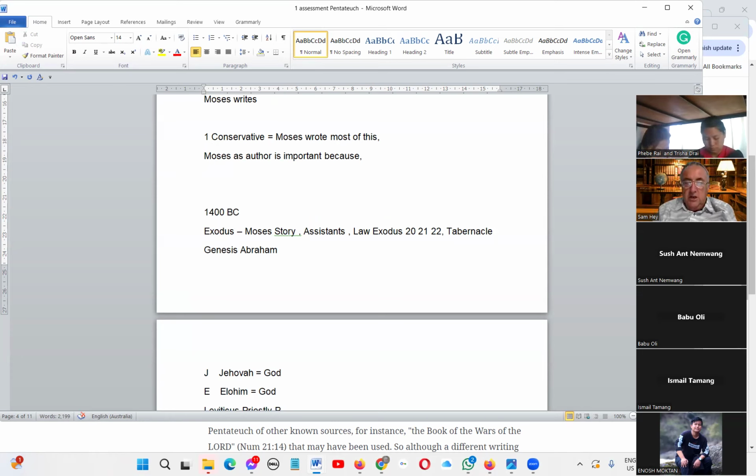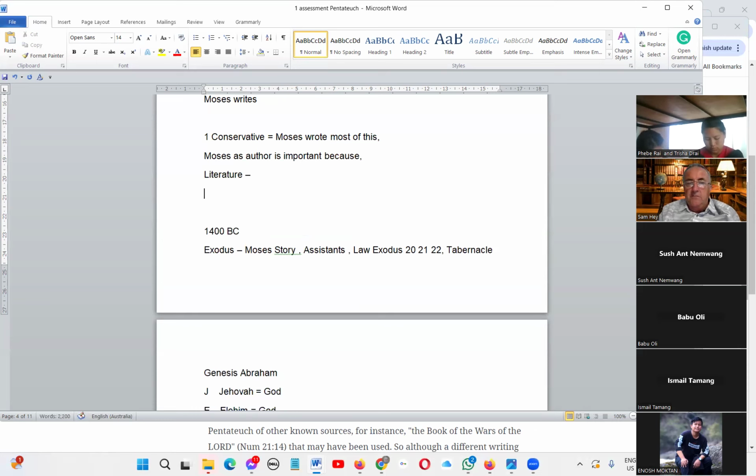Another reason, Enosh, is that literarily, in terms of literature, we place an emphasis on Moses, but this doesn't necessarily mean that Moses wrote it. So your first viewpoint is that of Moses being author.